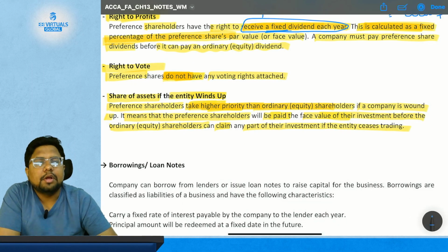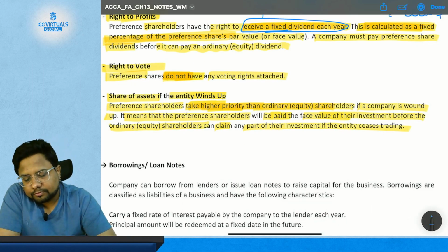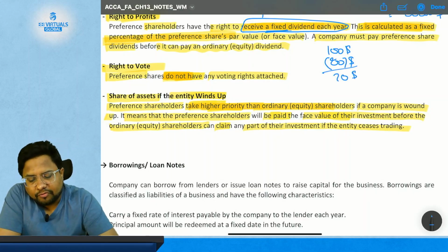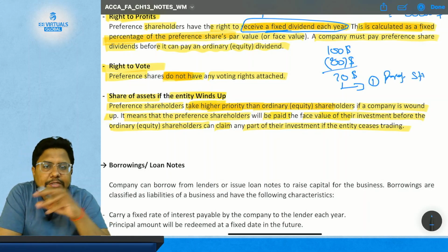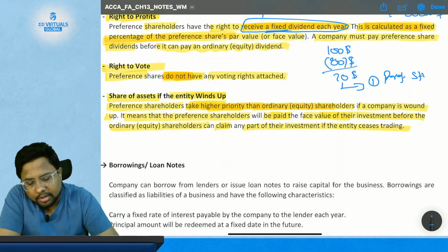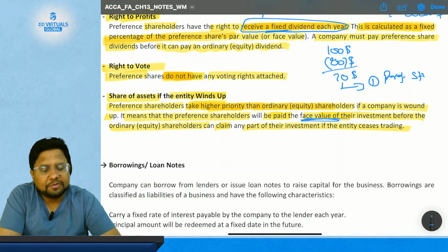Now, what does this mean? Suppose your assets are sold for $100 and your liabilities are paid for $80, then you have $20 remaining. First this $20 will be used to pay the amount invested by the preference shareholders on the face value of their investment.